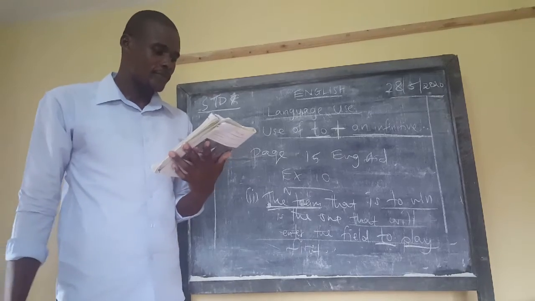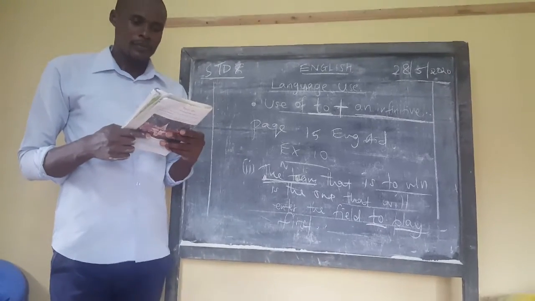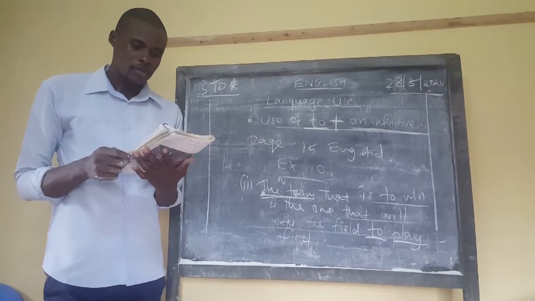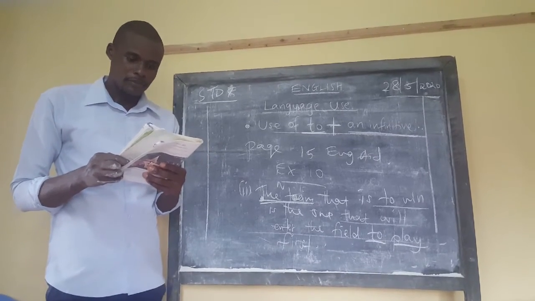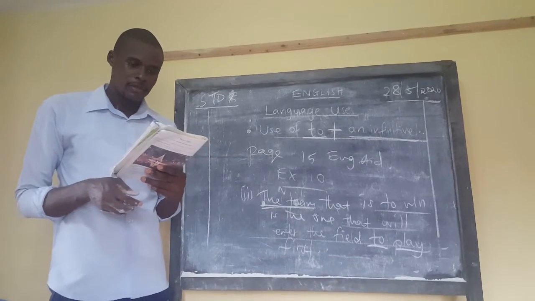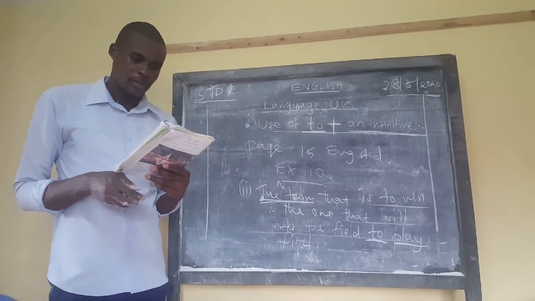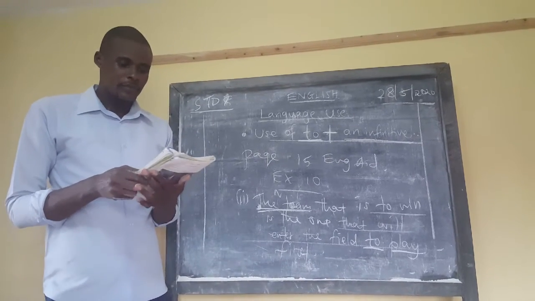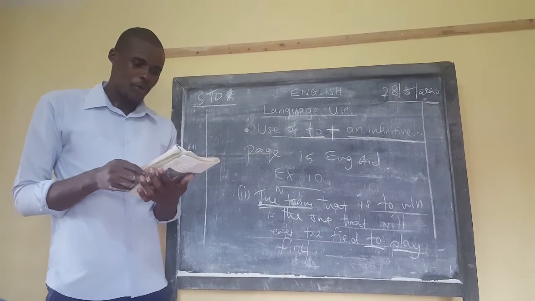And then lastly, number 5, the team that presented a traditional dance was the one. No, the team that presented the traditional dance to the president danced so well.